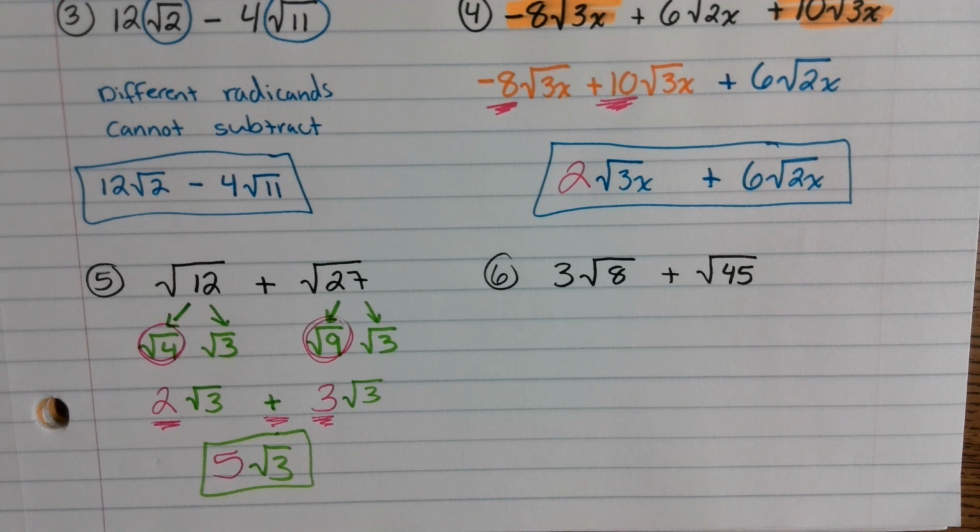All right, who can tell me what they got for problem 6? Jimmy? Very good. 6 square root of 2 plus 3 square root of 5.